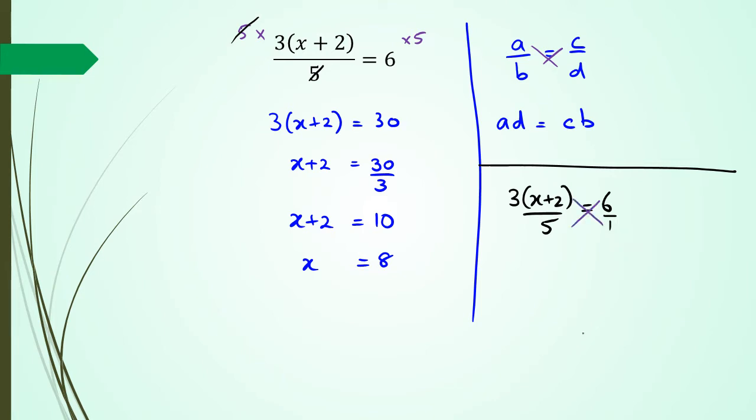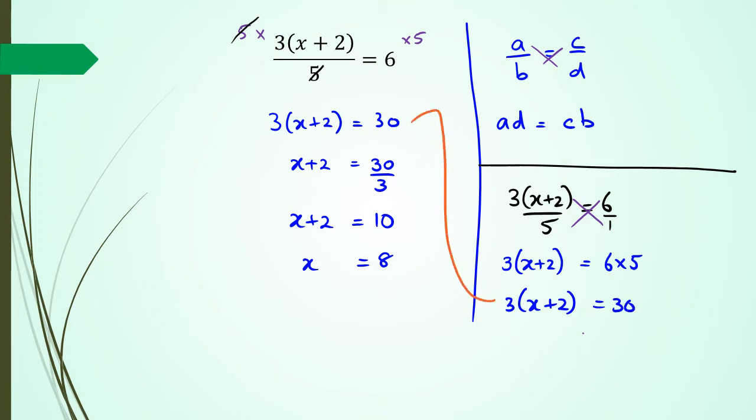So at this point I can do cross multiplication, and what I end up with is 3x plus 2 equals 6 times 5, and so you end up with 3x plus 2 equals 30. And what you should notice is that this is the same as what we got here. So it doesn't matter which way you go, guys, you're still going to end up with the same answer in the end. Okay, let's have a look at a few more examples.